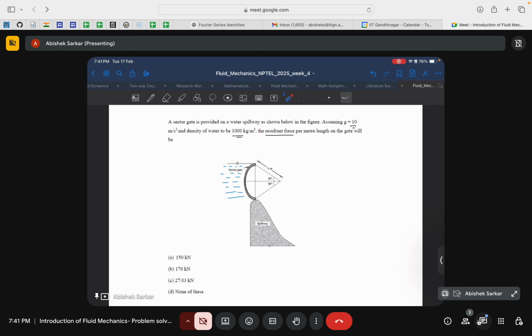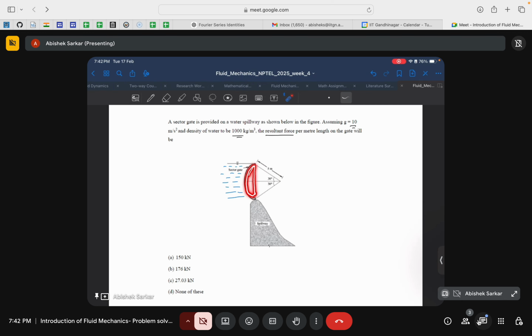First of all, for the vertical force, it will be the weight of the fluid that is being balanced in this region of the gate. So you need to find the volume. The tricky part will be to find the volume of the fluid in this region. It's not a semicircle, it's actually a sector of angle 60 degrees, so you need to find accordingly the corresponding area and the volume.